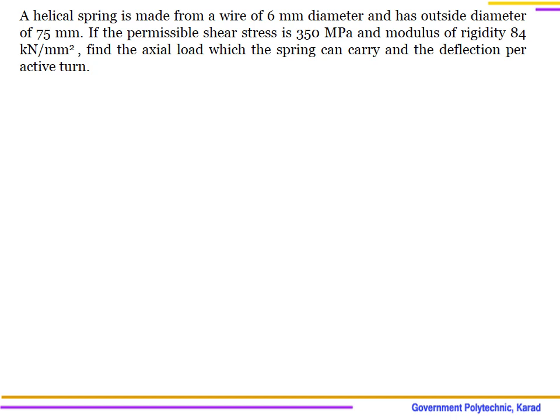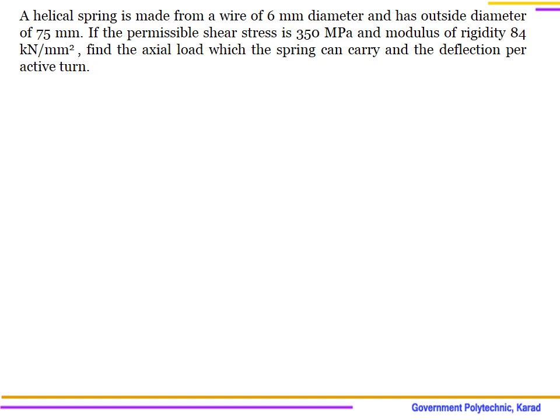A helical spring is made from a wire 6 mm diameter. So the diameter of wire, small d, is equal to 6, and it has outside diameter 75 millimeter. So outside diameter DO is given. We are supposed to find the mean diameter.